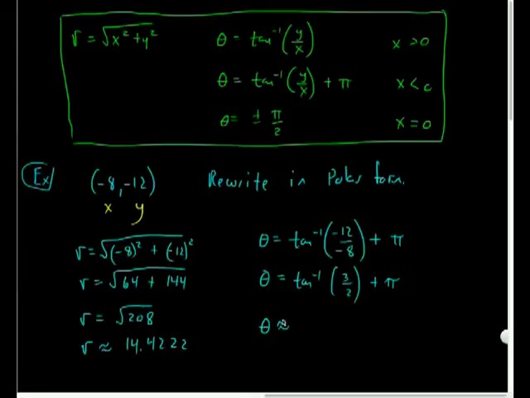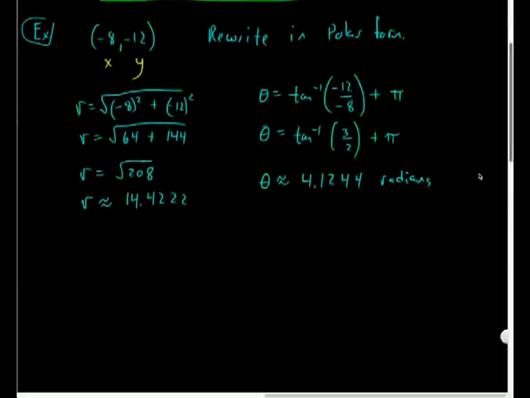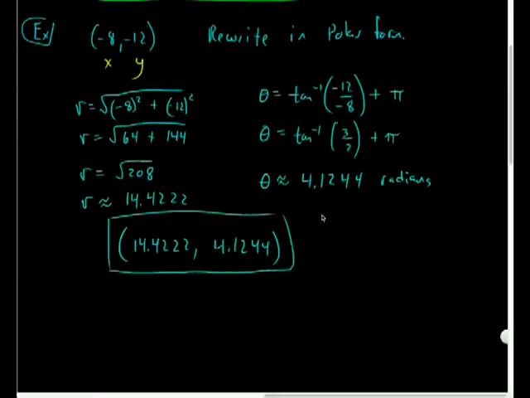So tan inverse of 3 halves, I get 0.9828, and then I'm just going to add pi to that, and I will get 4.1244, and this is in radians. Right? So now I can represent this point as 14.4222 and 4.1244. And this is in polar form. And since I don't have the degree symbol here, it's implied that it will be in radians.